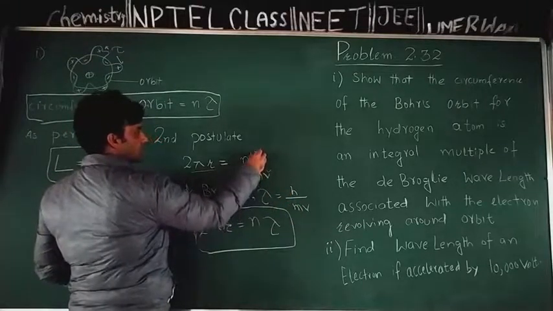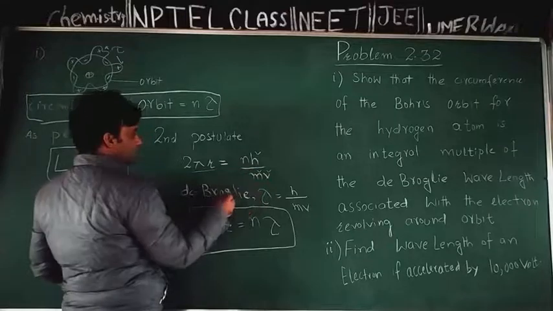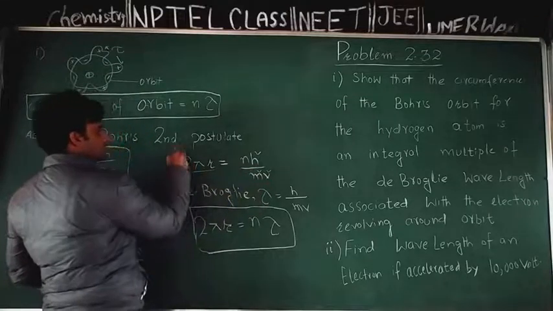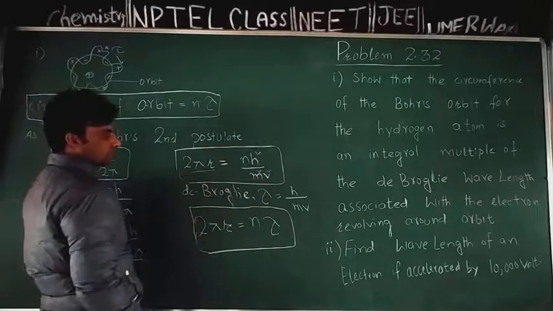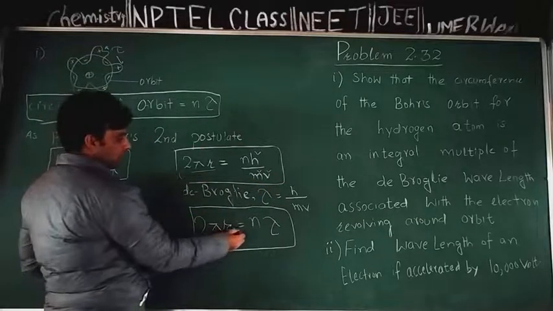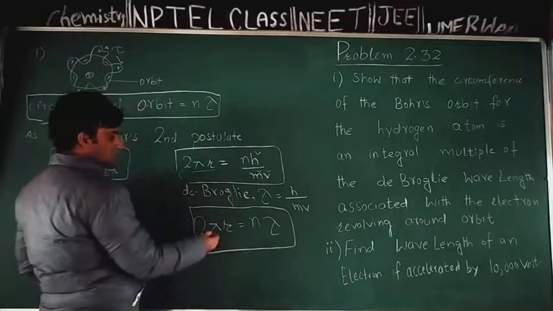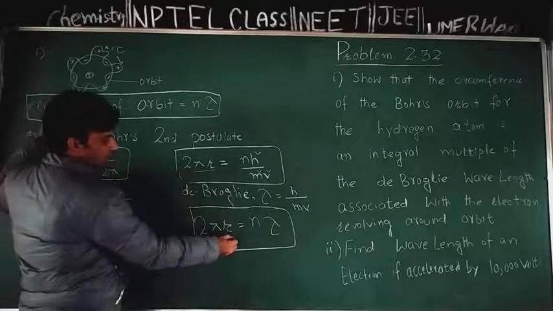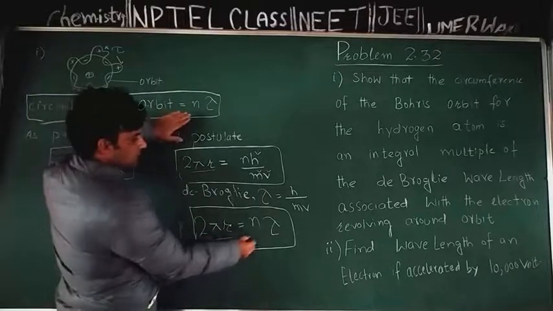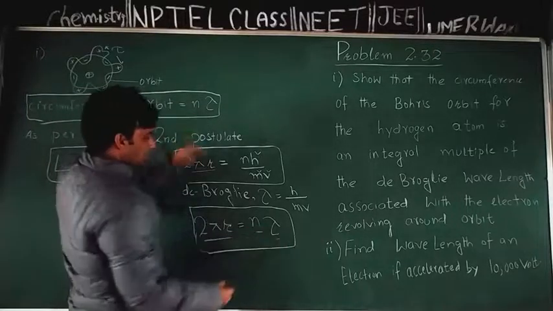I said that in this equation, instead of h by mv, we can substitute lambda. So 2 pi r came equal to n lambda, and this is the statement which we had to show, that circumference of orbit is integral multiple of wavelength.